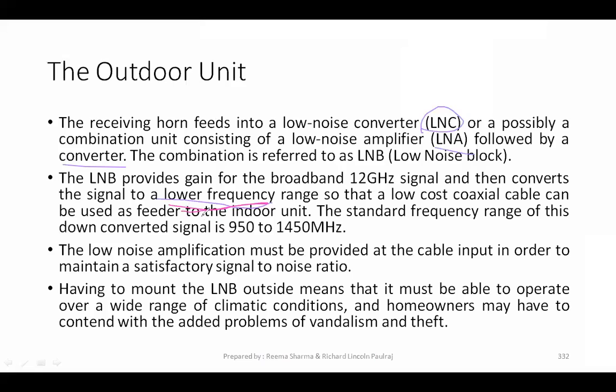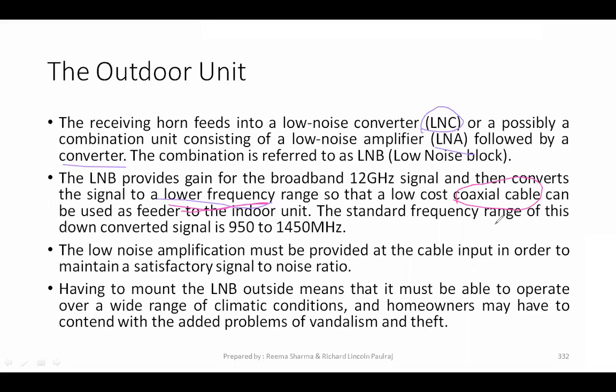So which means a down conversion is happening, so that a low-cost coaxial cable can be used as feeder to the indoor unit. Now, this is also important. You know why it's important? If I have to use a higher frequency range, then the quality of the coaxial cable also needs to be better. But if I use a lower frequency, then I can use a normal coaxial cable, and the communication can just happen, right?